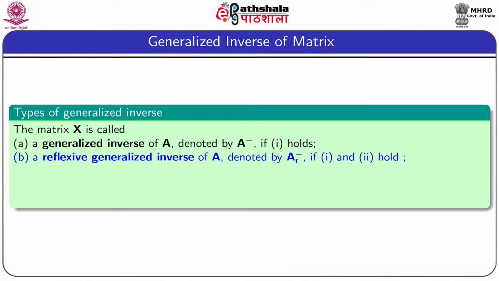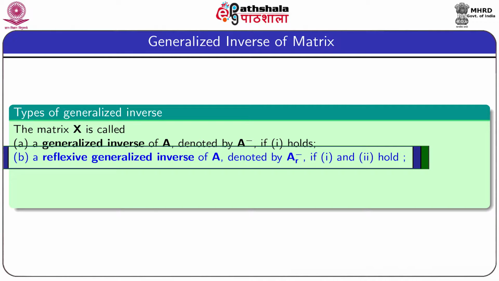Now depending on this definition, we can define different kinds of generalized inverse. The matrix capital X is called a generalized inverse of A, denoted by A minus, if equation 1 holds, and it is called a reflexive generalized inverse of A, denoted by AR minus, if conditions 1 and 2 hold.